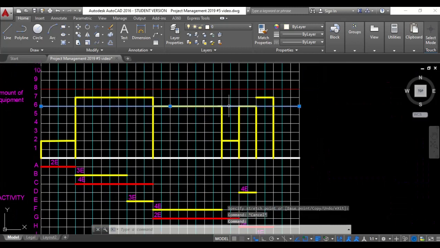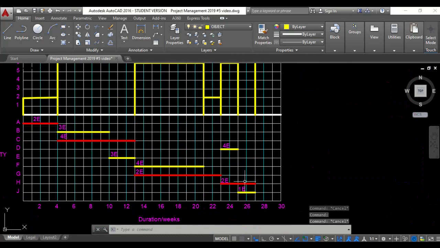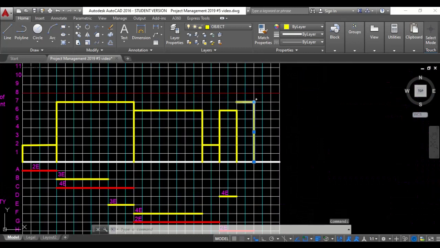That falls on 6, yes. So 6 comes to this point, and then thereafter 3. It goes right there and right there.